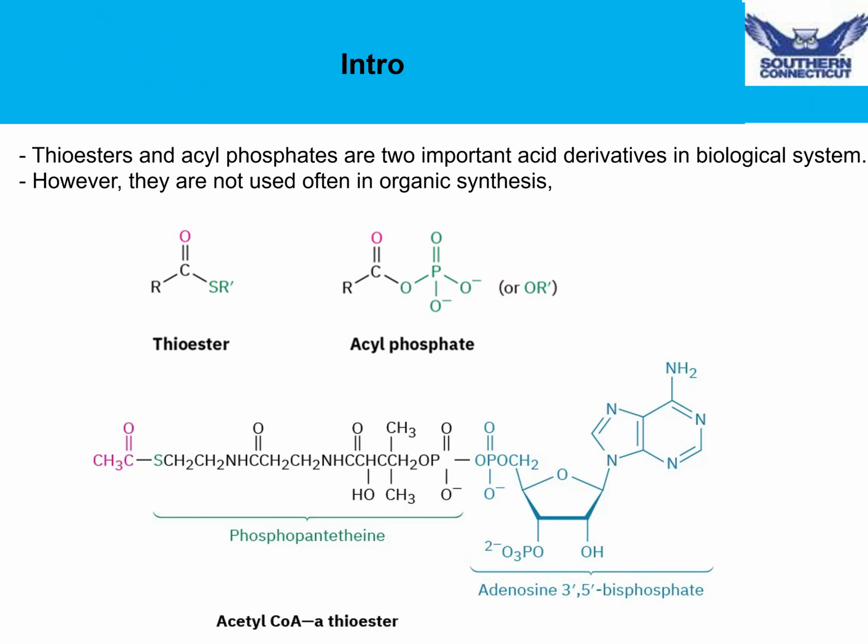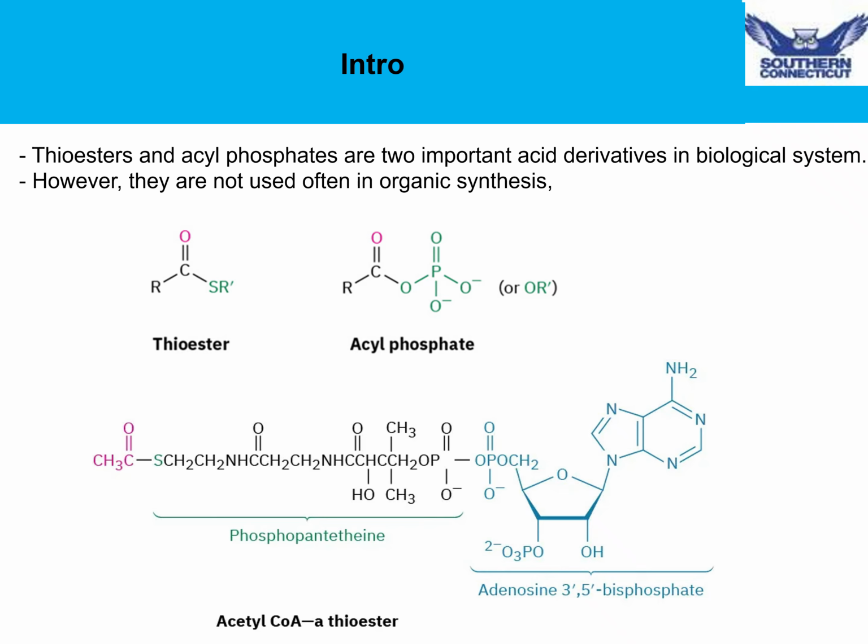There are two additional acid derivatives that you should be familiar with. Although they're often not used in organic synthesis in a typical organic lab, they are important acid derivatives when it comes to biological systems.